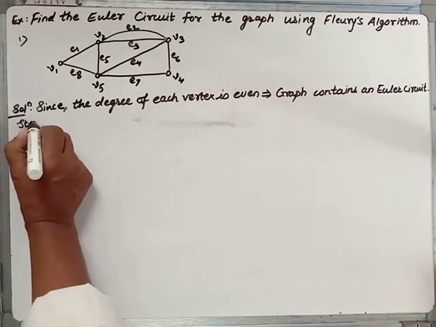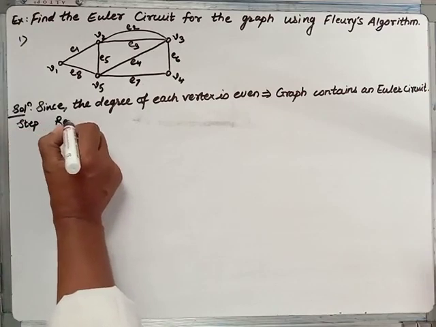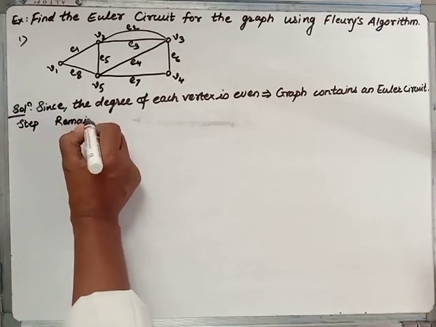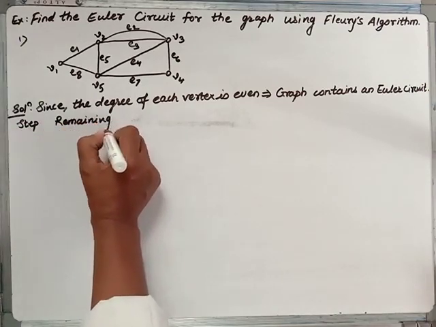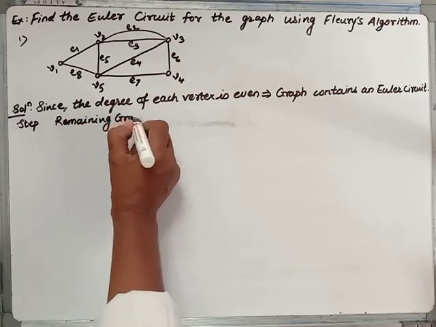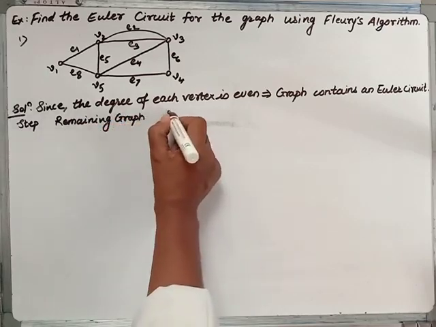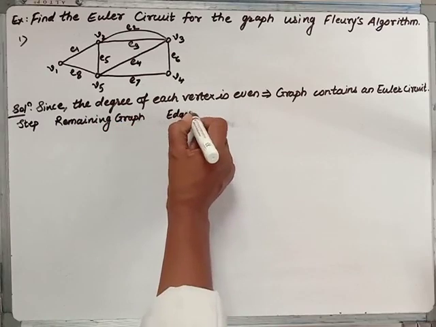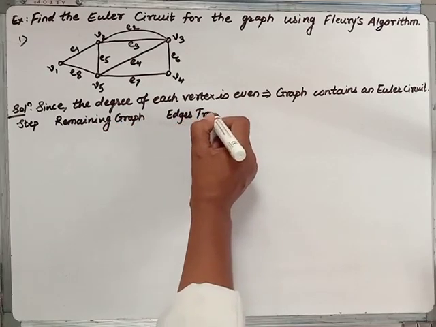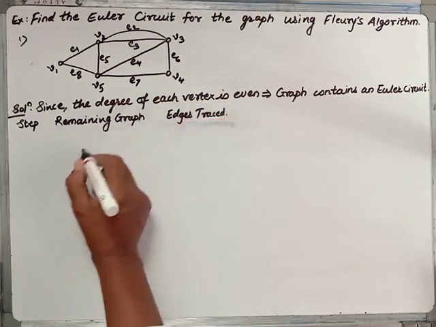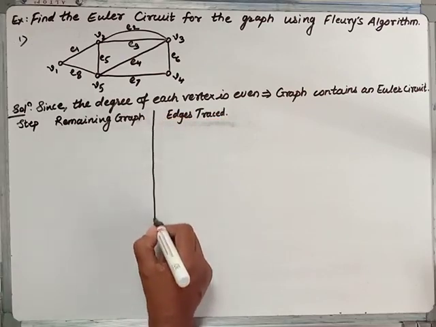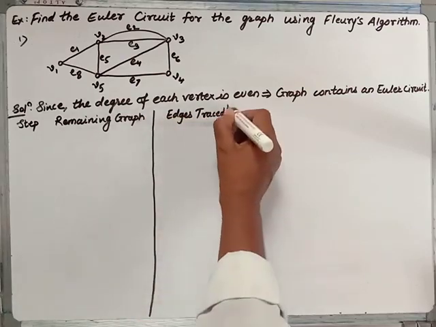Step, remaining graph, and edge is traced. So let me make the columns here.